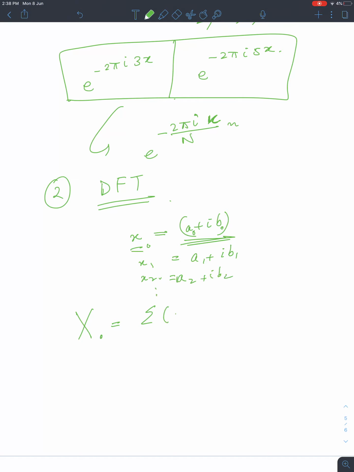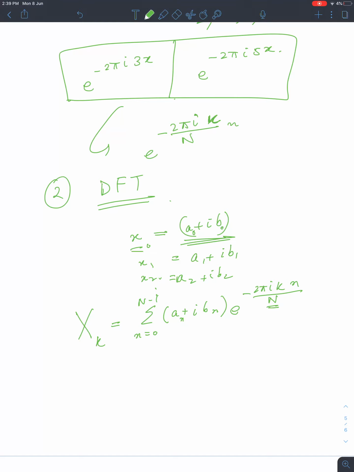So when you are doing the summation, you have an, so Xk, what is Xk? Xk is equal to summation n goes from 0 to N minus 1 of (an plus i bn) e to the power minus 2 pi i k n over capital N.